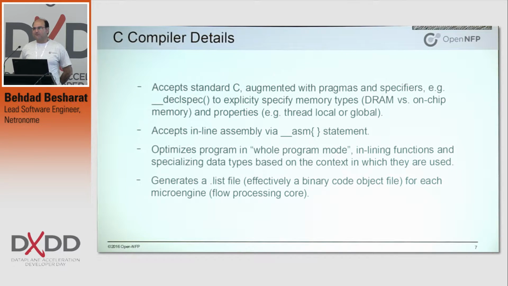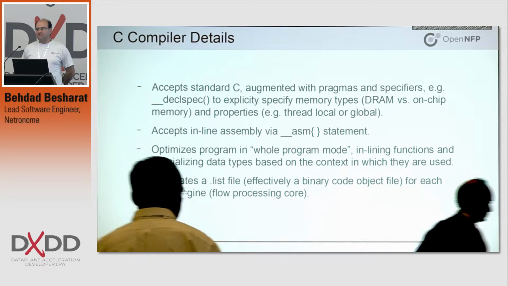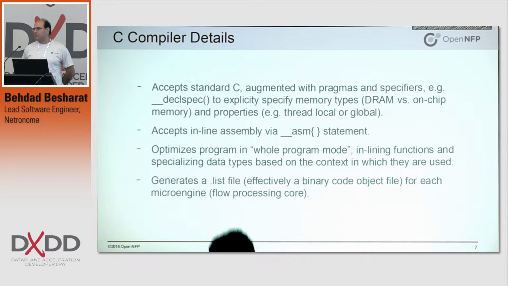Different types of memory are available on the NFP, either on chip or on board. It also gives you different properties for the variables or memories that you're using, either local or global. It accepts inline assembly through ASM statements. You will probably see some of them in our labs later on.